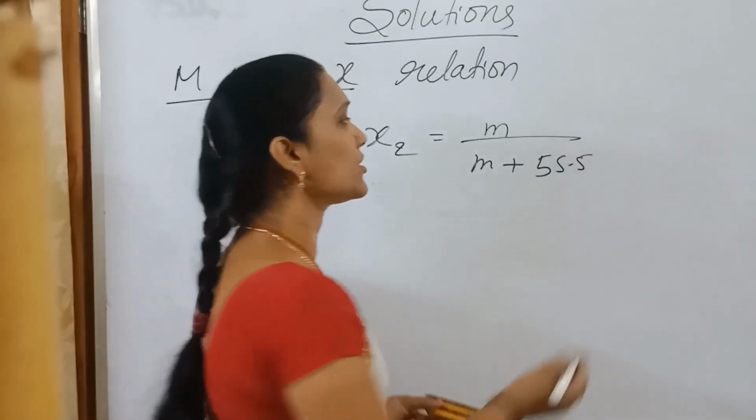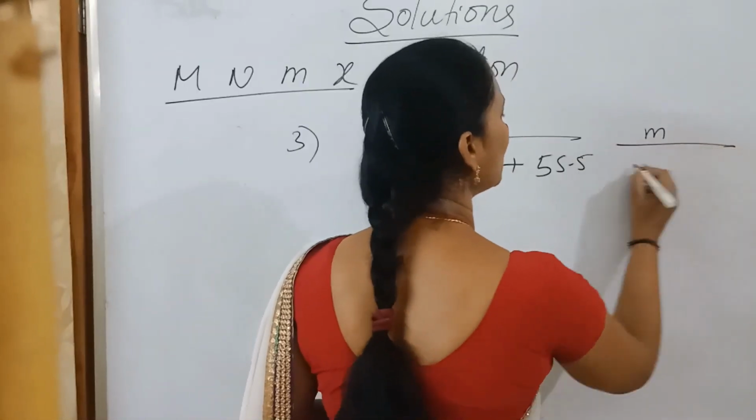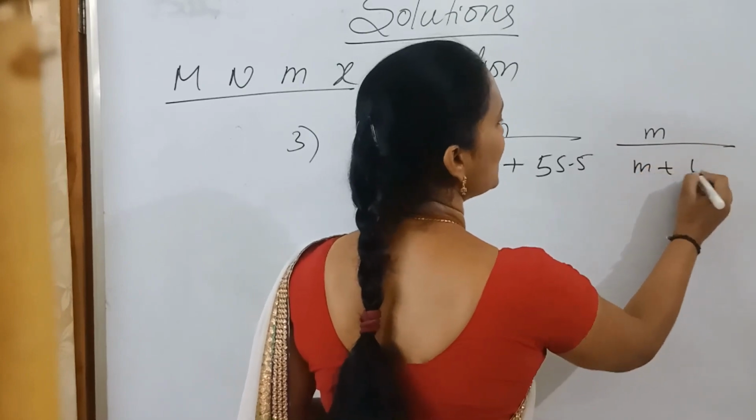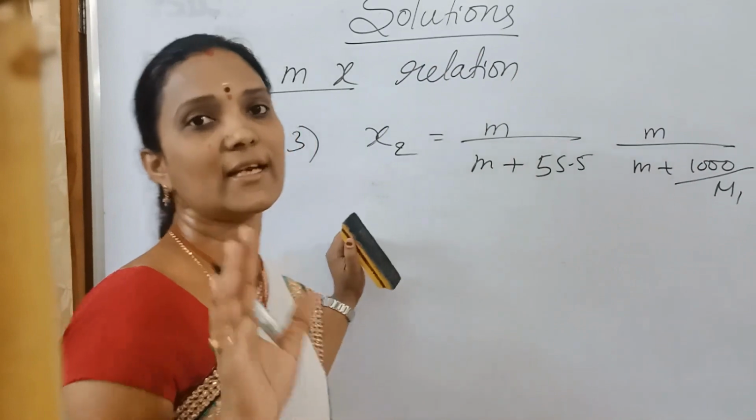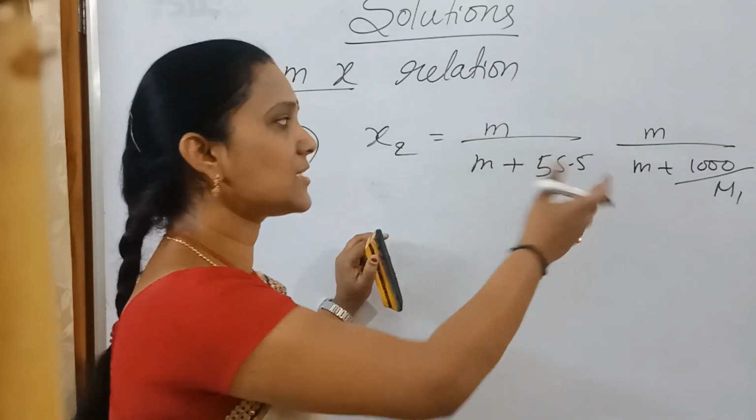For solutions other than aqueous, we have to take the formula m / (m + 1000/M1). What is this M1? The gram molecular mass of the solvent. This is the formula.